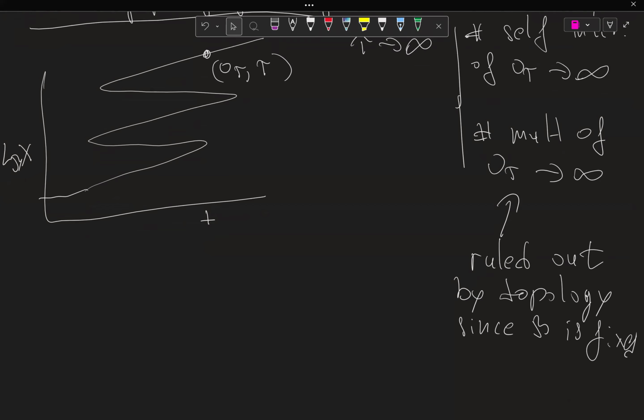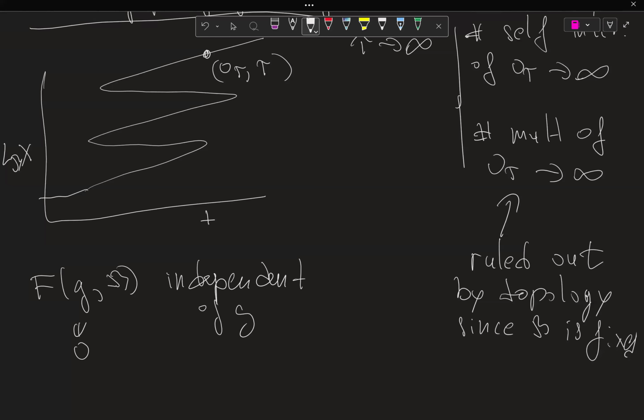So what we're proving is only that this is independent of G. Is it calculating some sort of Euler number? Well, this is something that I would like to happen, but the problem is that the Euler number is not defined. It's not a finite dimensional object.